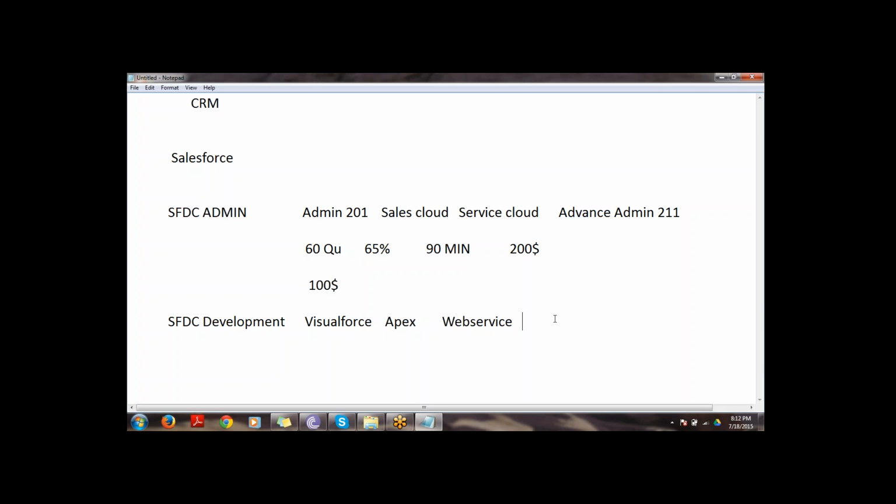Now, coming to the certifications, guys. On the development side, we have two certifications. First one is the Dev 401 certification, and the next one is Advanced Developer 501 certification. If you want to write the 501 certification, you must complete the 401 certification.